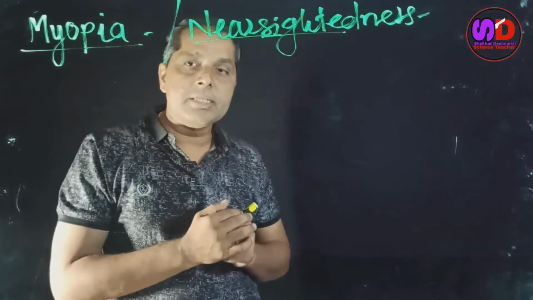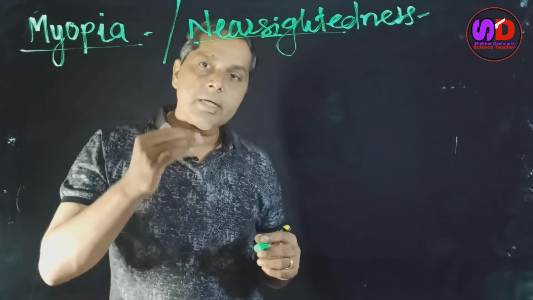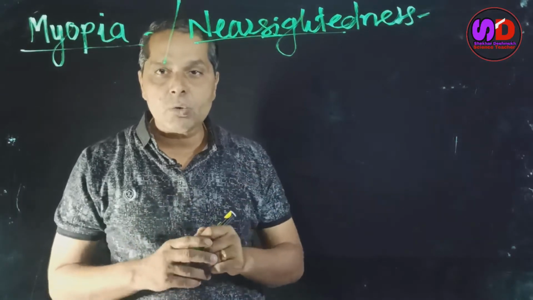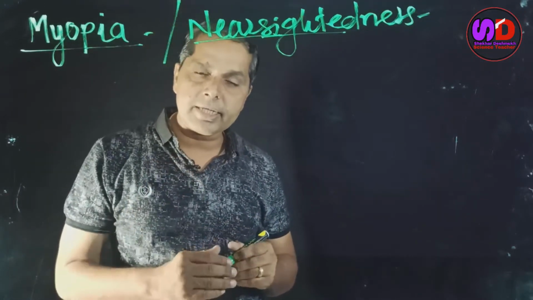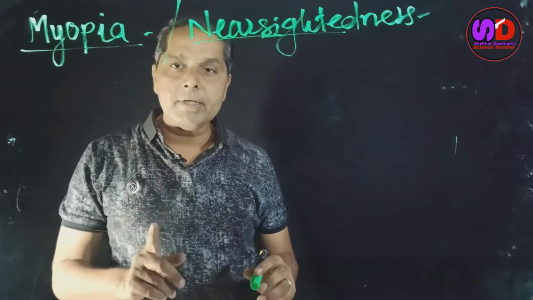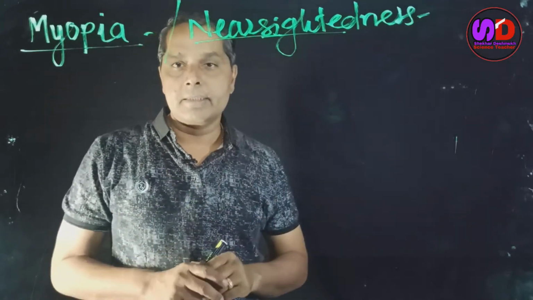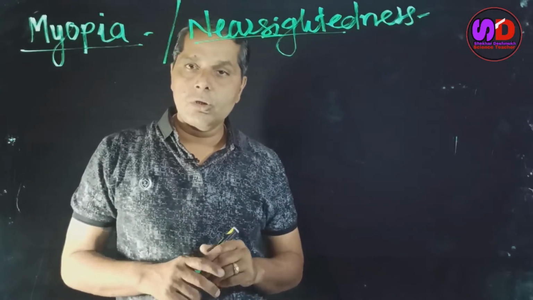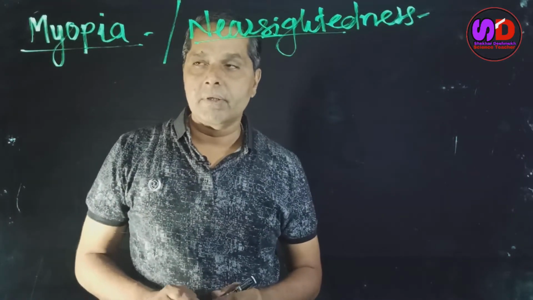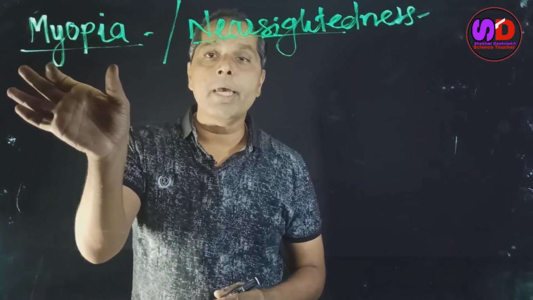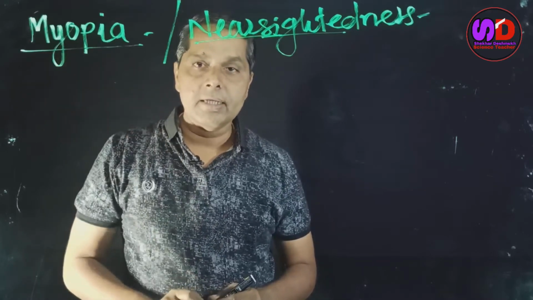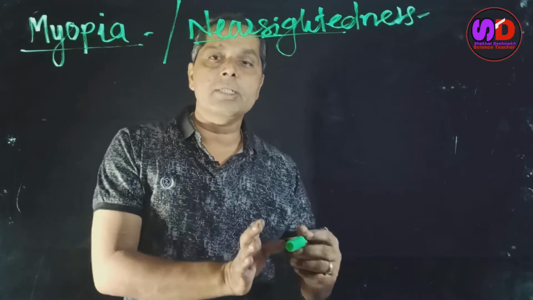So the person is able to see the objects which are near to us. That means the person can see nearby objects clearly but is unable to see distant objects. So this is nothing but the definition of myopia. Myopia is a short word, and therefore it is also called short-sightedness.